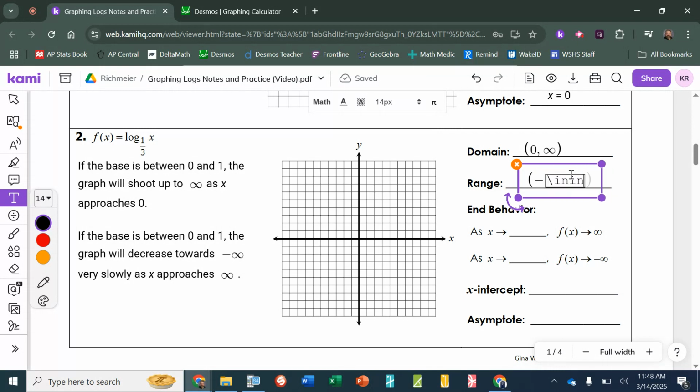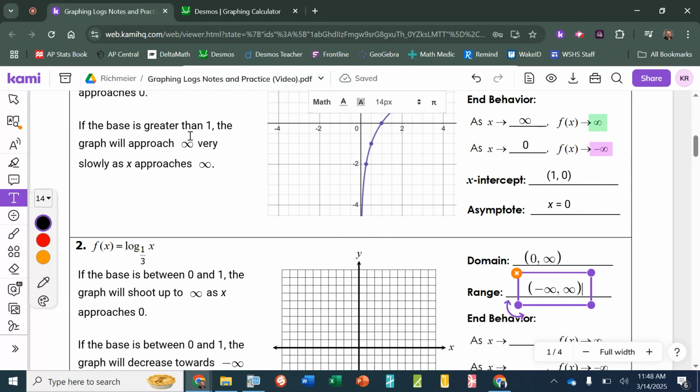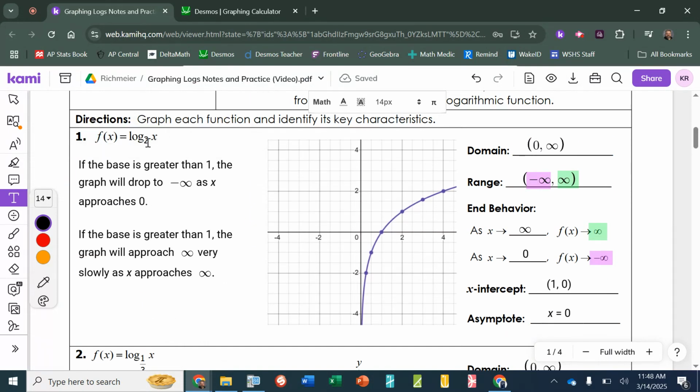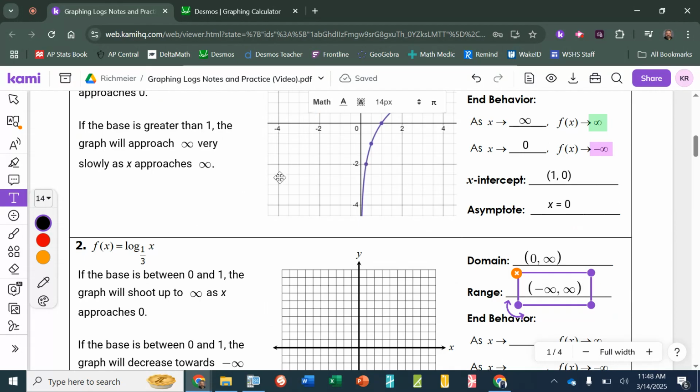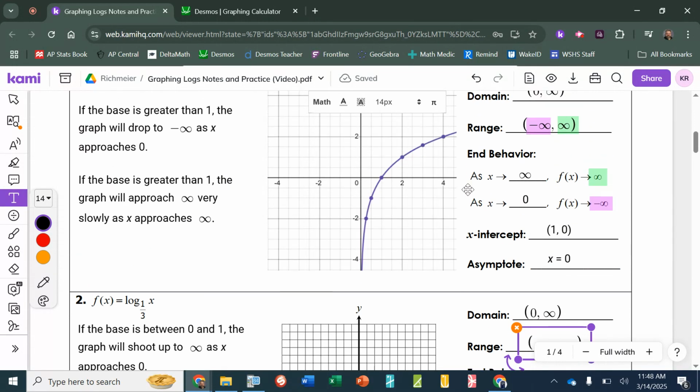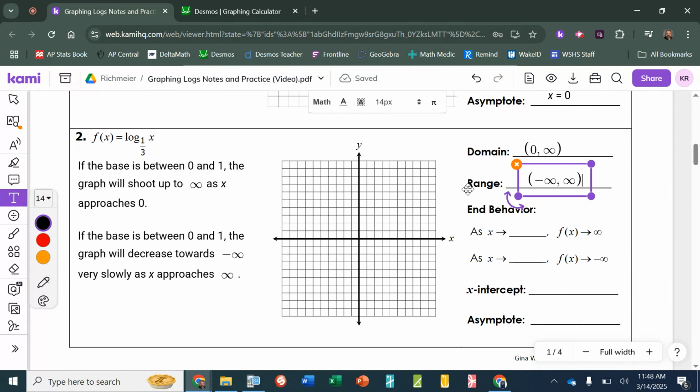So that always gets listed first, because if you have something going to negative infinity, that's the smallest it can go. And then as x goes to 0, we see it shoot up to positive infinity. So if you notice here, these two didn't change just by changing the base. So anytime the only thing changing is the base, then the domain and range are not going to change.